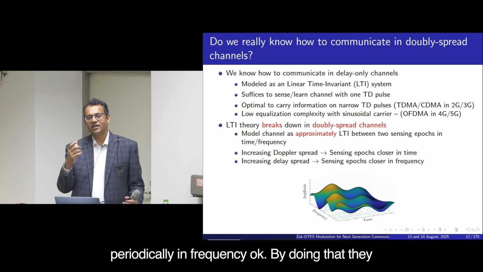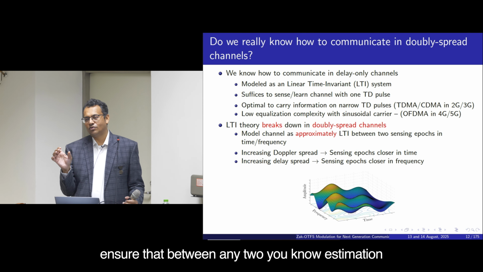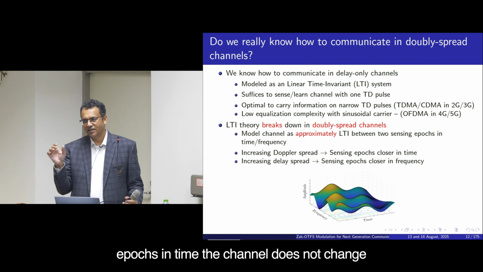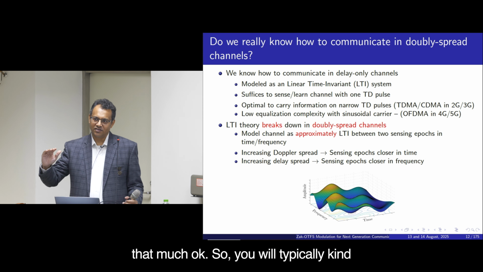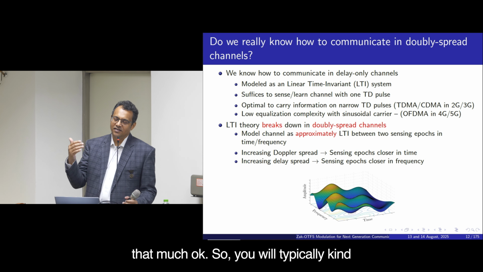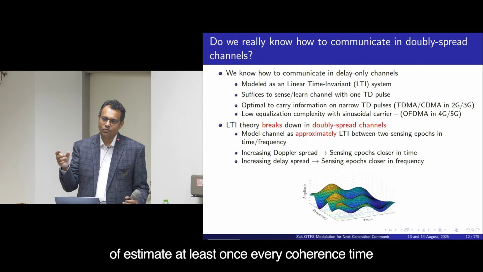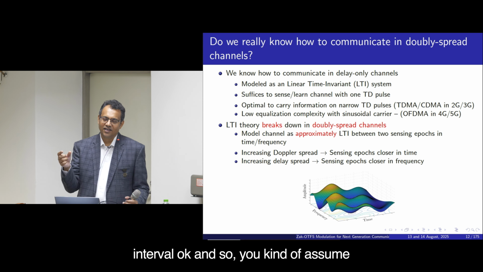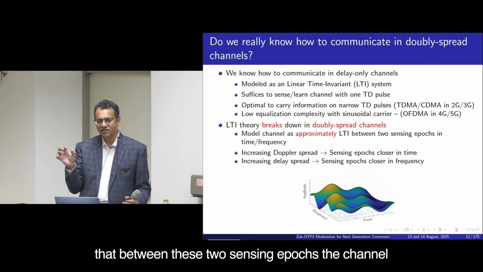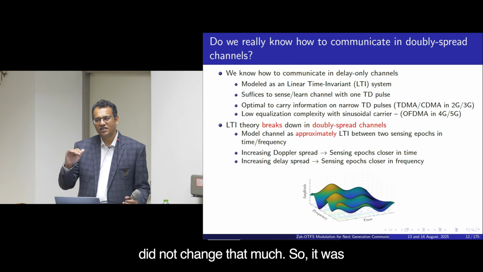By doing that, they ensure that between any two estimation epochs in time, the channel doesn't change that much. So you will typically estimate at least once every coherence time interval, and you assume that between these two sensing epochs, the channel did not change much.